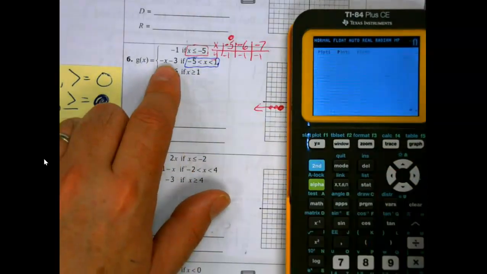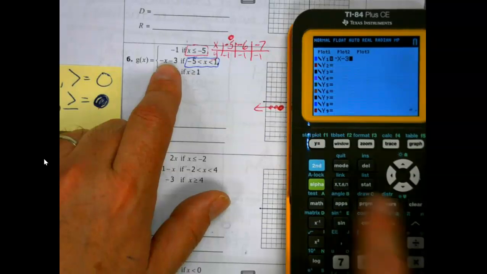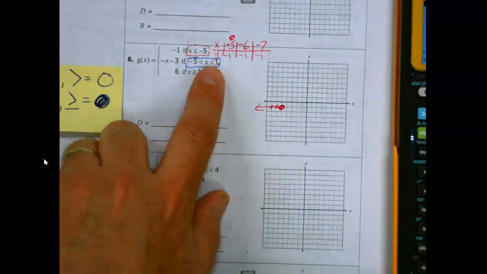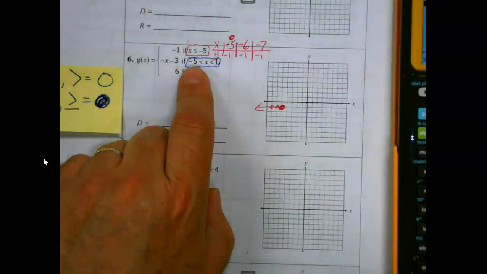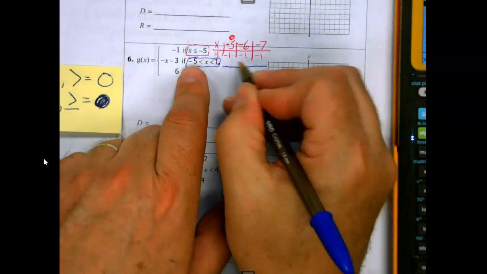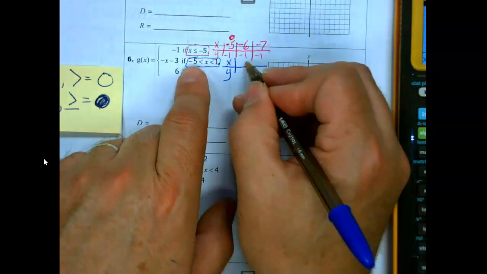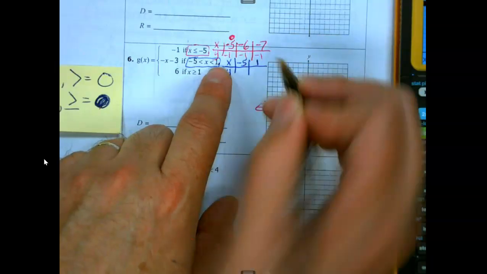So I look at the next one, and I'm like, okay, so I got to type in negative x minus 3. Now this time I pull up the chart, and I'm like, whoa, what is going on here? So this time, I'm only going to take the two endpoints. So all I want is negative 5 and positive 1.